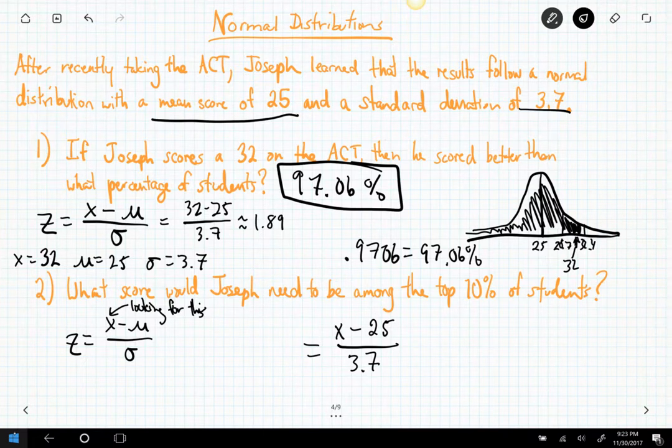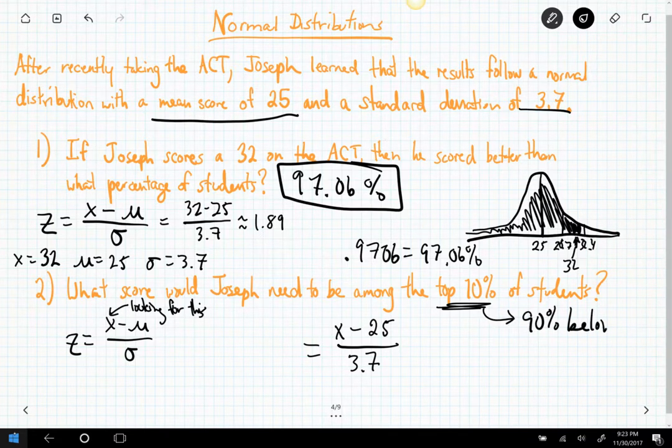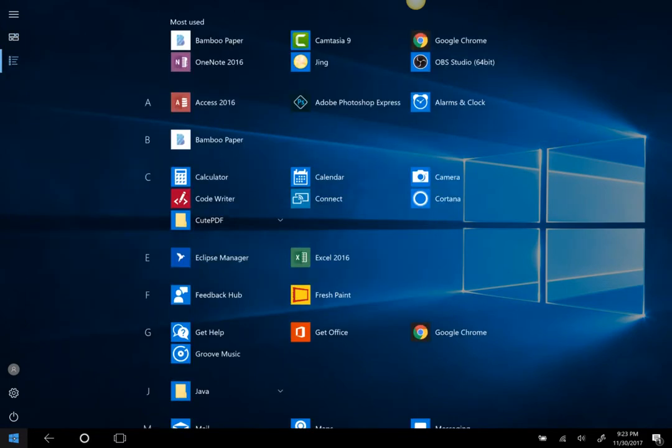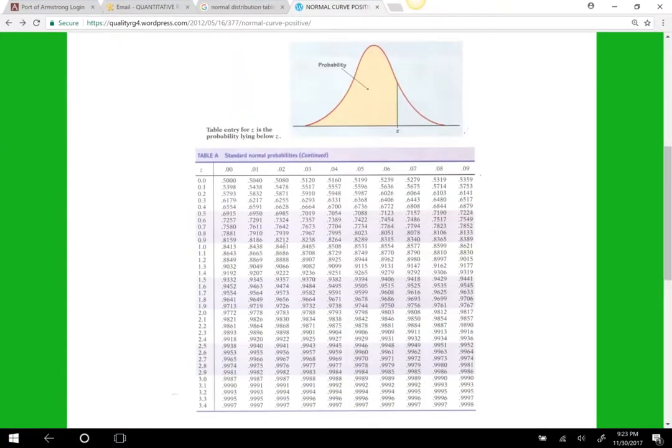Now, how can we figure out what is the corresponding z-score? Well, if this is the top 10%, what does that mean? That means 90% are below. So when we look at our table, we want to look for the thing closest to 0.90.